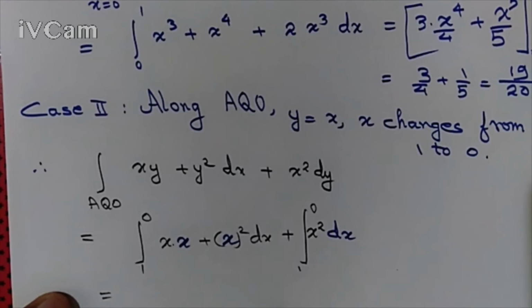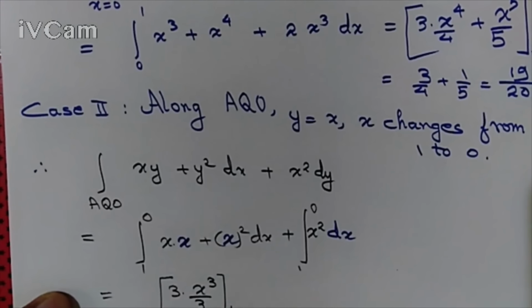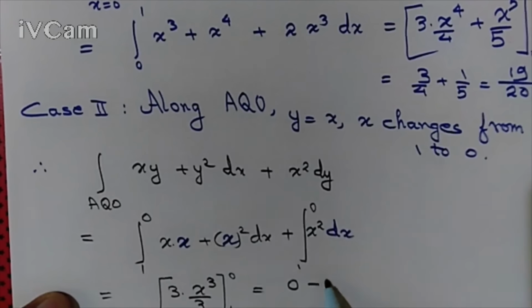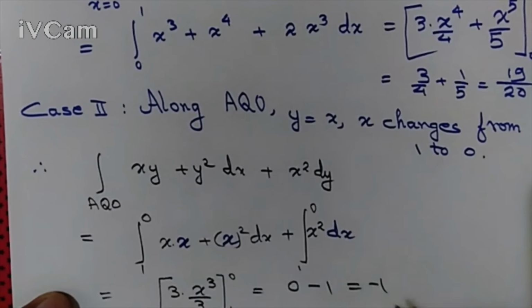If you integrate it, you'll get 3 into x cubed by 3. That is 0 minus 1, that is minus 1.